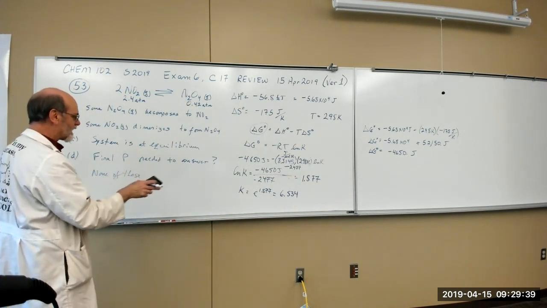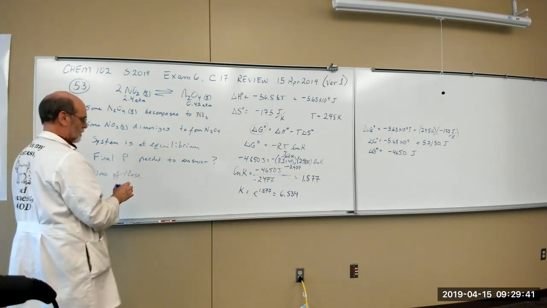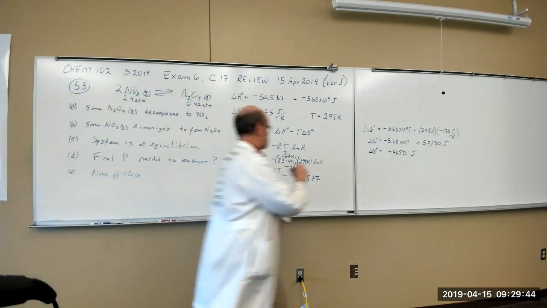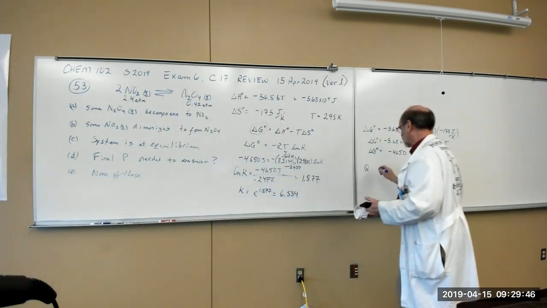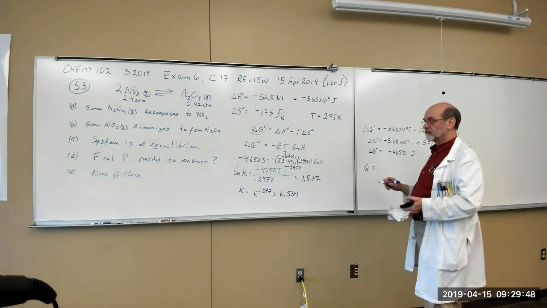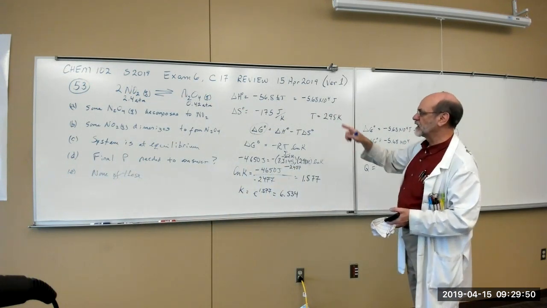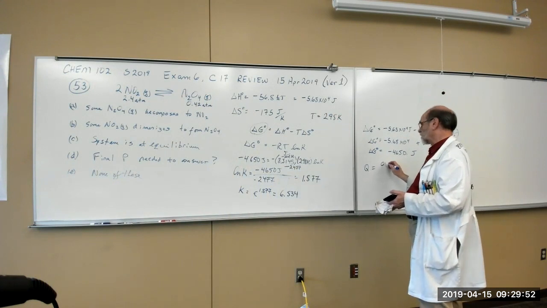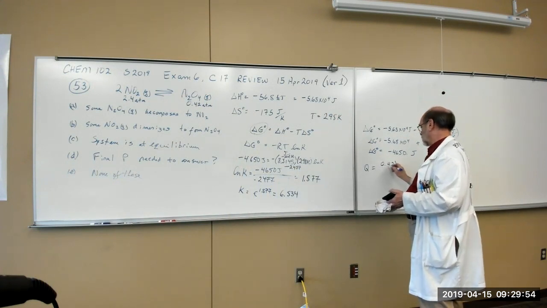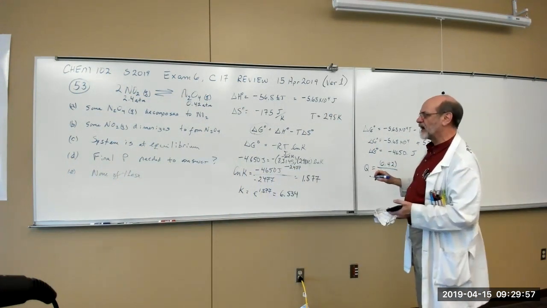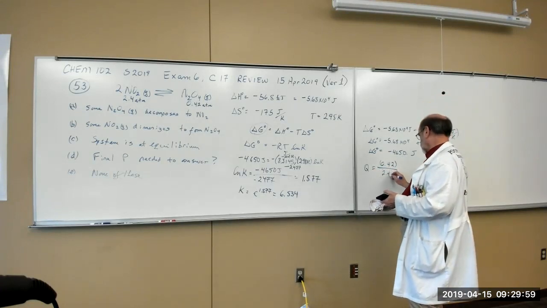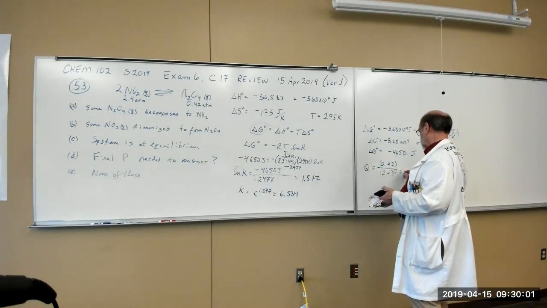Okay, now that we have K, let's calculate Q. That will tell us which direction the reaction's going. So Q is going to be N2O4 divided by 2.4 squared.